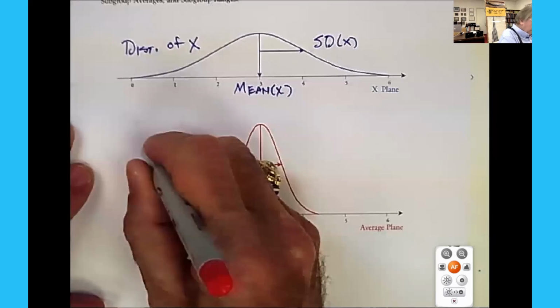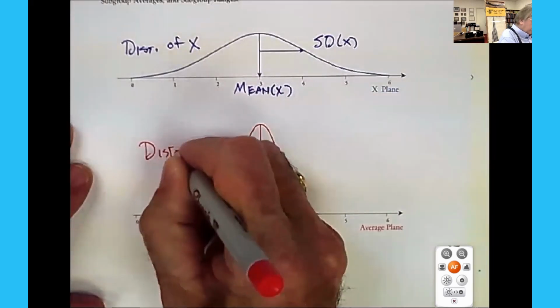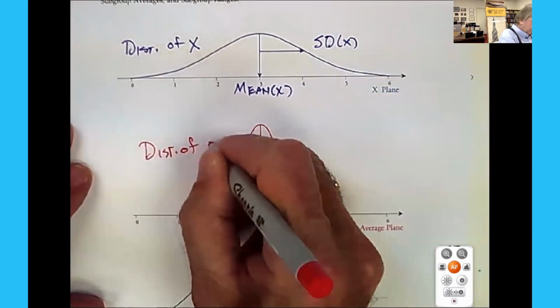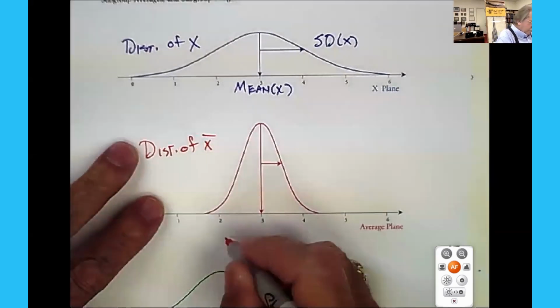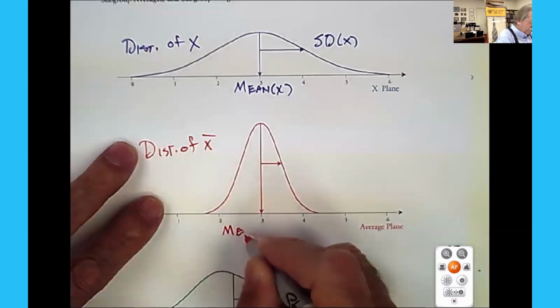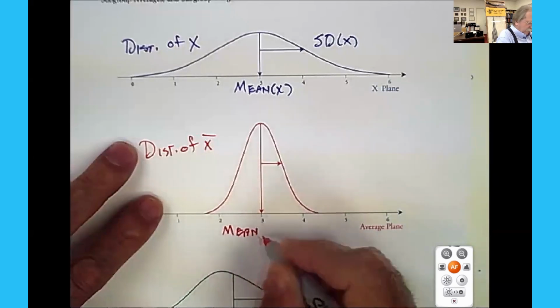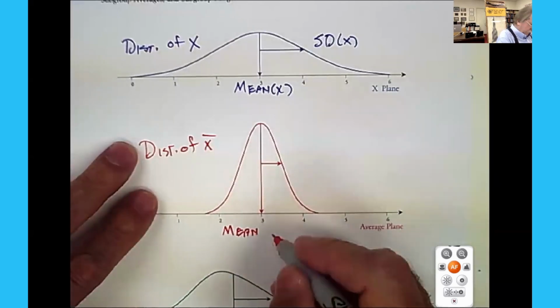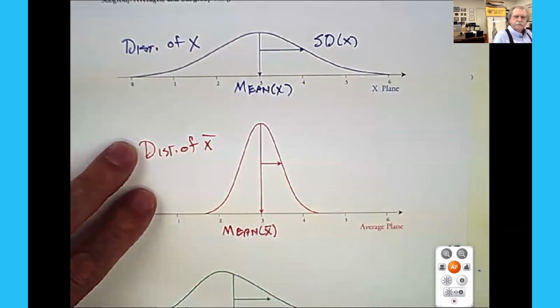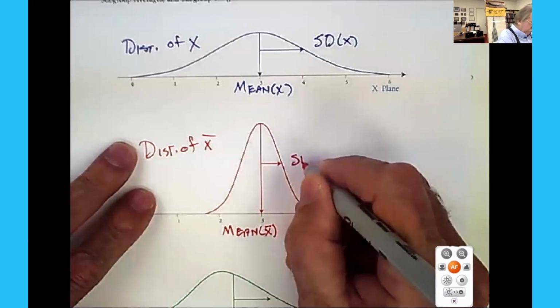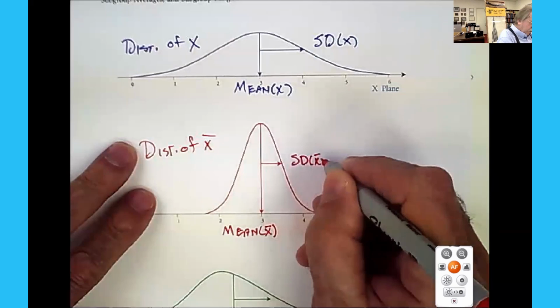Then on the x bar plane, there is a mean of x bar. And there's a standard deviation for x bar.